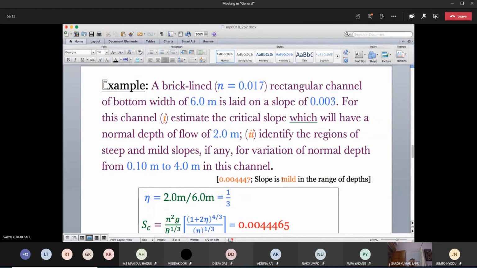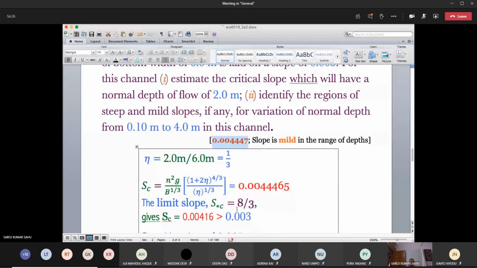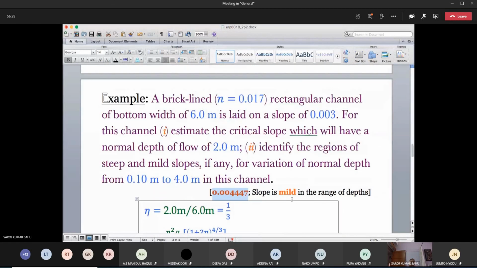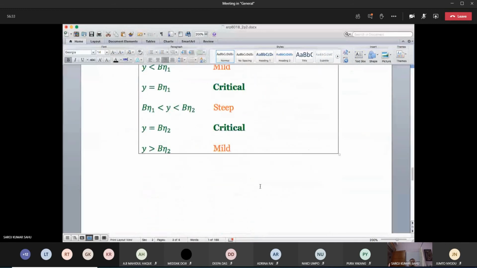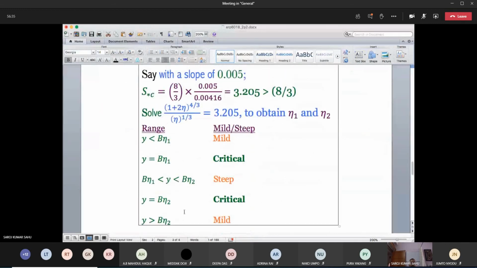The slope is mild in all ranges of depth, and this is the critical value which you compute here, SC. So this is a small example. We will take up some example where this particular work will be done in the next class.